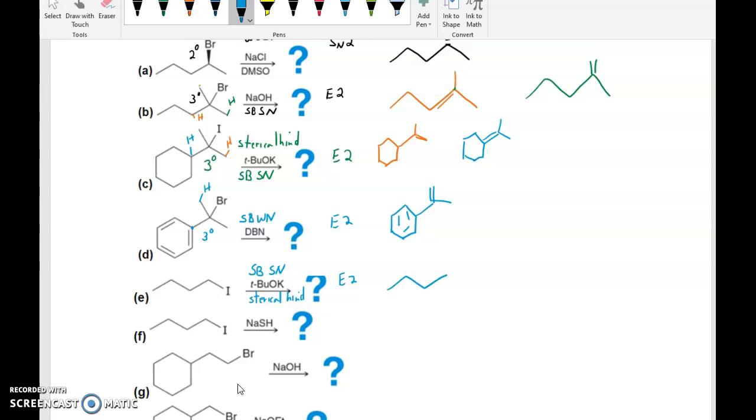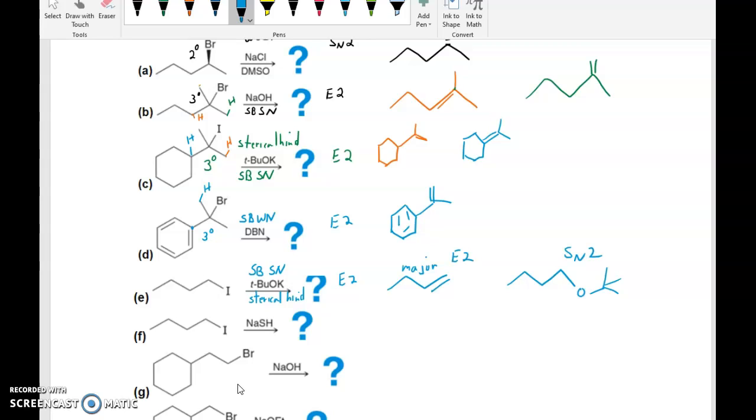Make sure we get the right number of carbons. That will be our major. And our minor will be this. This is the E2 and this is the SN2.